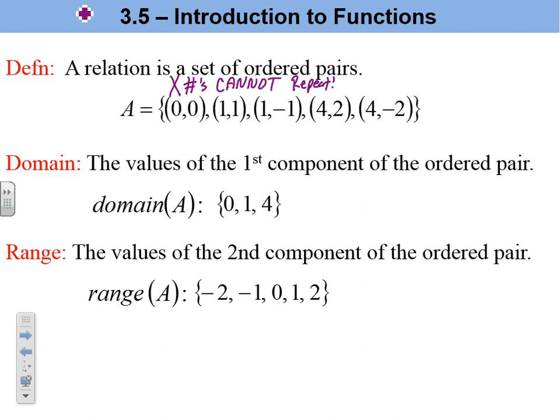Now here what you see where it says a is equal to, and we have the curly brackets and a whole bunch of ordered pairs, we have one way that we can represent a function where we're just representing as a list of ordered pairs.